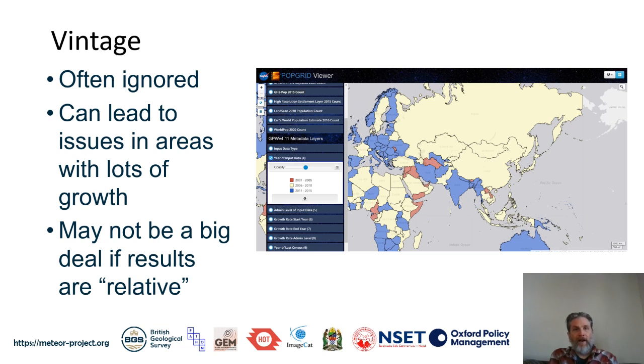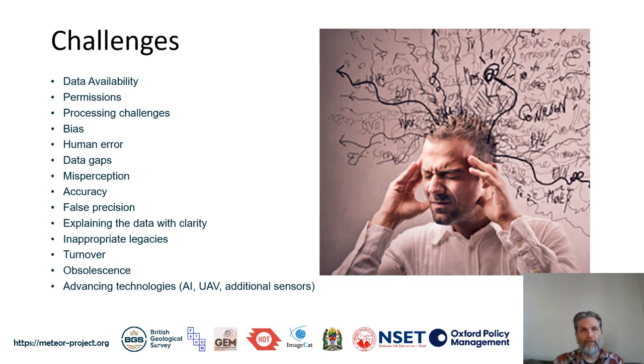It may not be a big deal if you're looking at countries where there hasn't been a significant amount of development. But generally, if you're trying to use the numbers that come out of here at face value, you want to at least scale based on estimated population statistics, which can be obtained from groups like the UN, or you can even find things on Wikipedia. But vintage is a key determinant that people don't often consider.